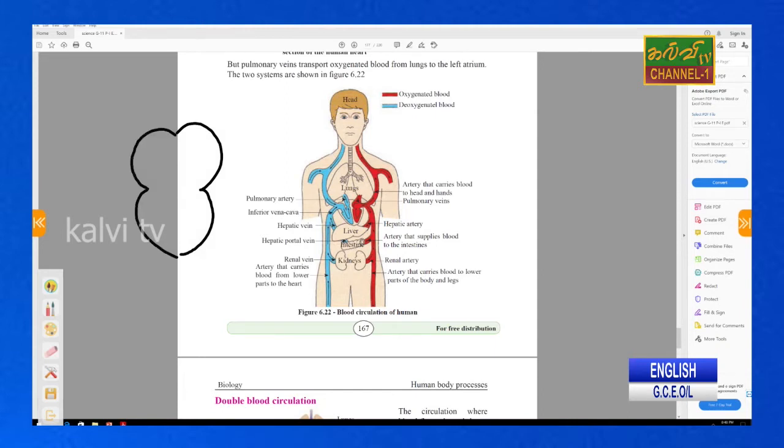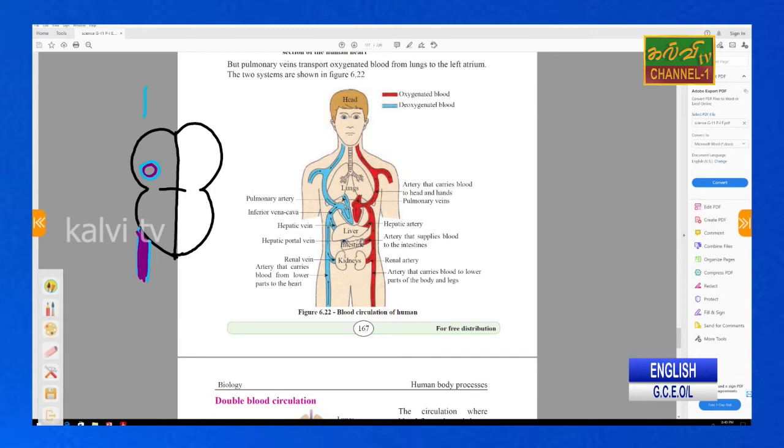Here we already studied, it has 4 chambers, right? Then the inferior vena cava, that is here, it carries blood and opens in the right atrium, right?